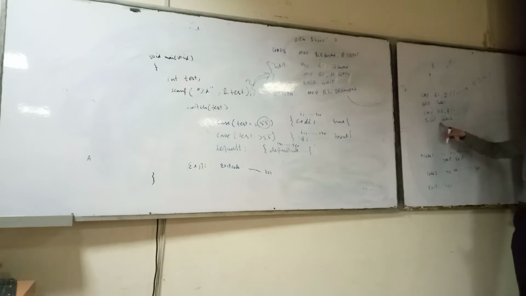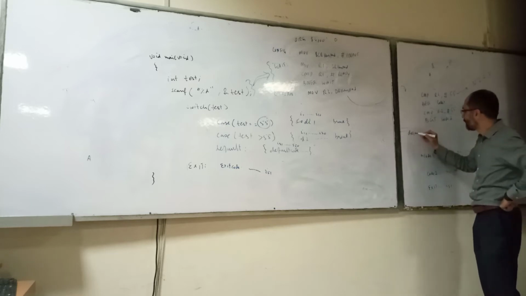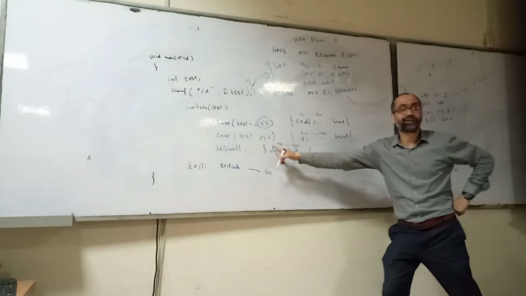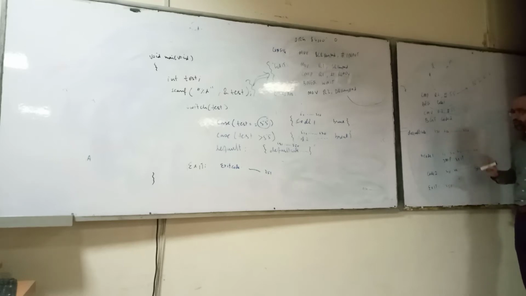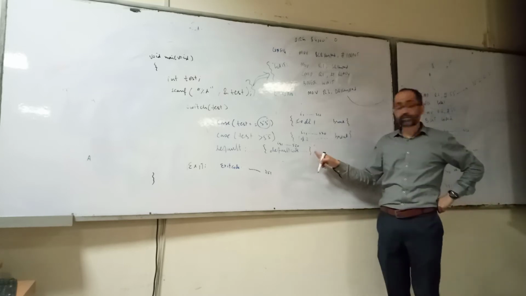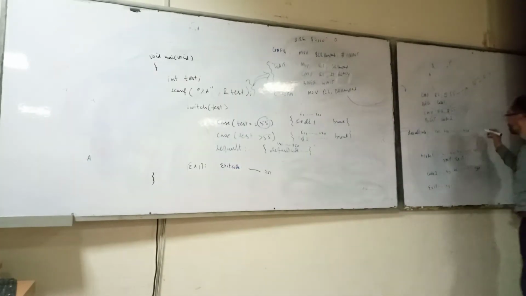When this condition is false, then it should come directly to default. So the default code is here. How does it start? I31, I32 until I50. When this default code is done, where should it jump? Exit. Jump.